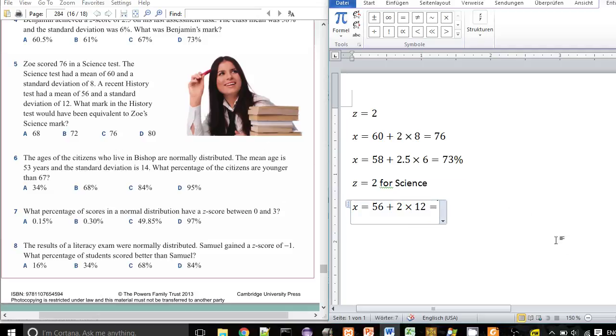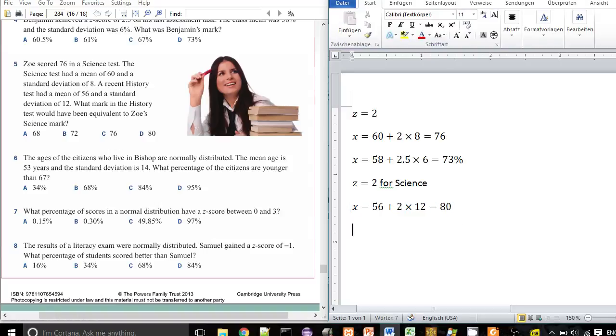It means you're right at the top, or near the top. Z-score of 3 means basically you are the top. There's only 0.15% above you. Okay, 2 lots of 12 is 24. So I think that's 80. Okay, so the 76 in science is equivalent to a mark of 80 in the history.